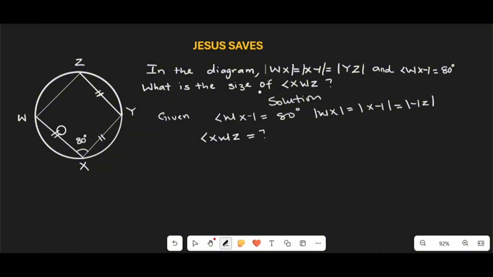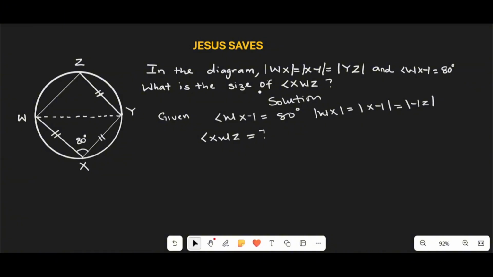So let us join points W and Y. Let us consider triangle WXY, and line WX is equal to line XY.